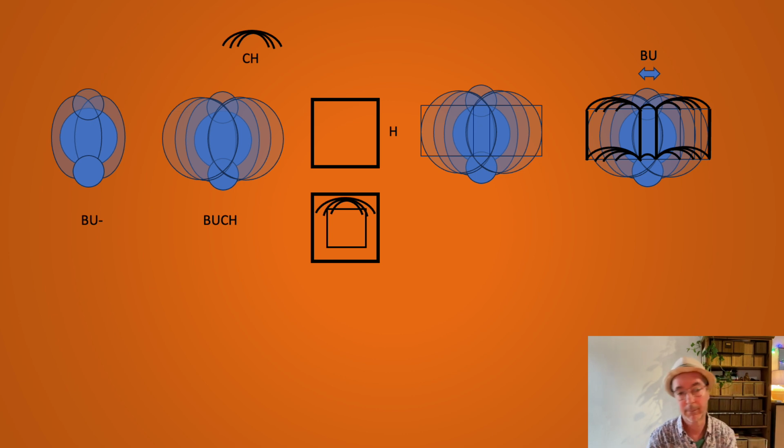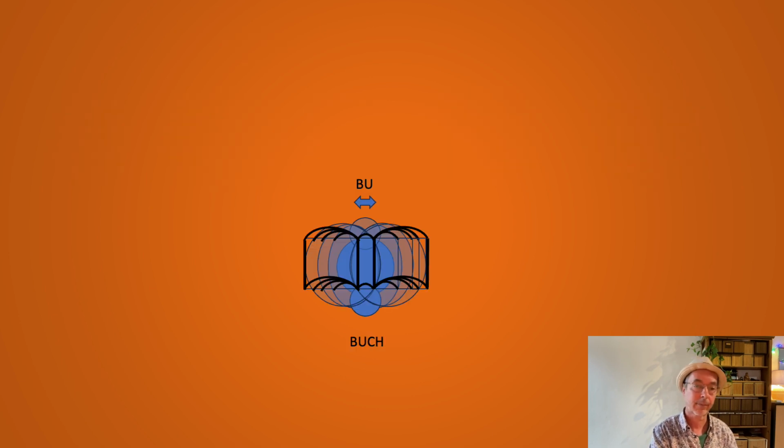Another page is open, or something else is getting out, is taken out, is connected with those kind of things. You can recognize all in the content of the letters, and it's in the content of the form. So how can we now go from BUCH to BOEG?